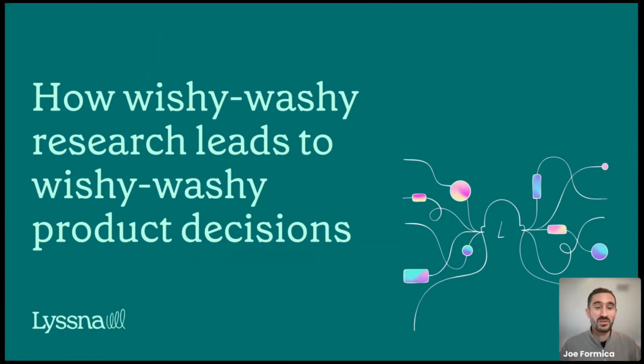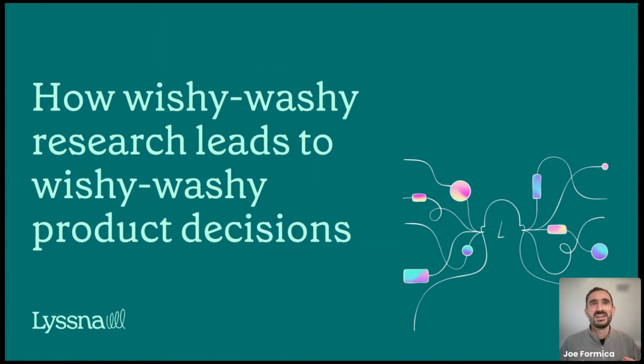Either way, whatever the title of the workshop is, the point of it is to identify what wishy-washy research is, the types of questions that lead to these vague results and ultimately result in all of that work, all of that research, all of those insights just going nowhere, right?